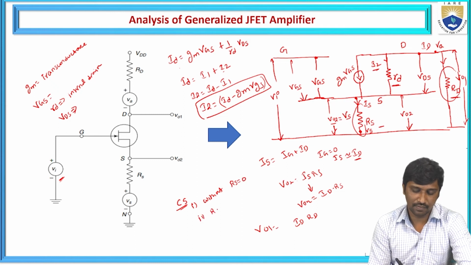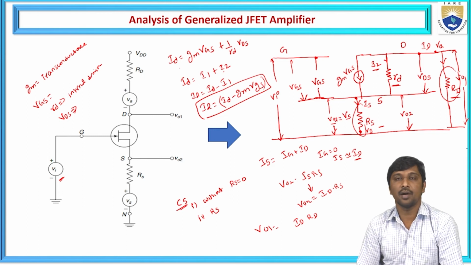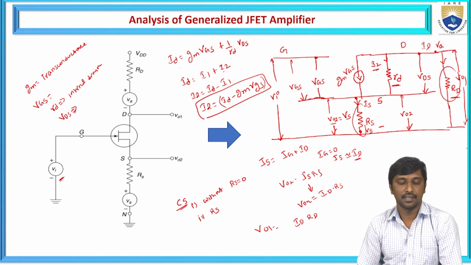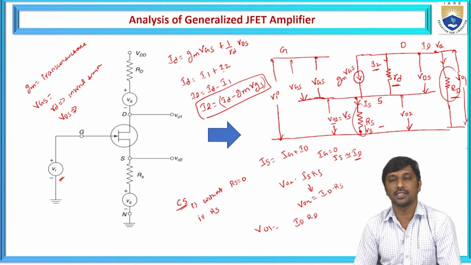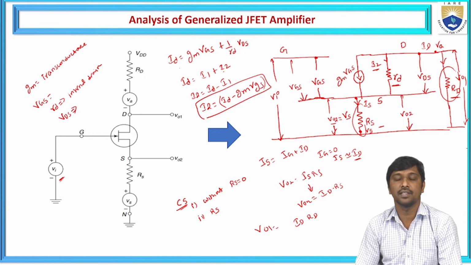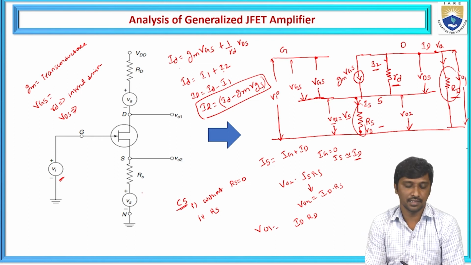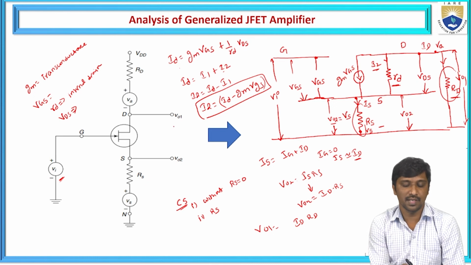And the second case is when we add the source resistance to the common source amplifier, which we also discussed. That is the reason we need to verify the two cases: what happens without source resistance and what happens with source resistance for a common source amplifier.